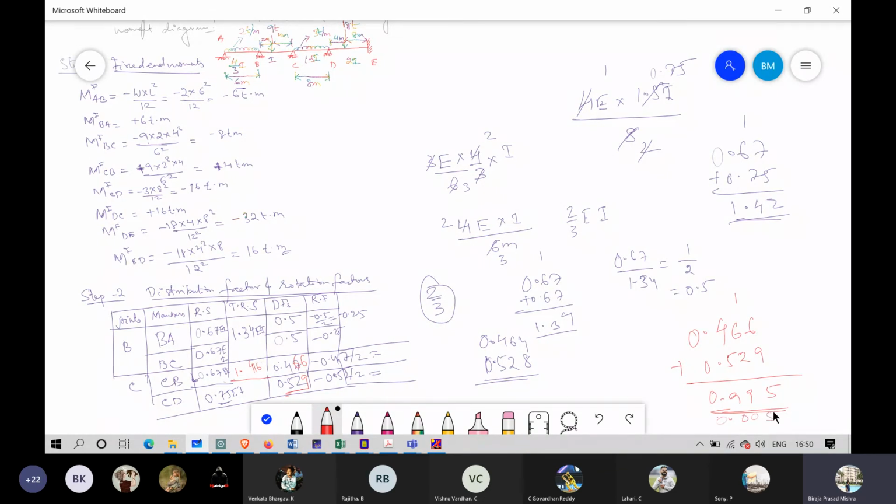It is very negligible, no issue. You can take 0.47 and 0.52, or you can take 0.466 and 0.529.